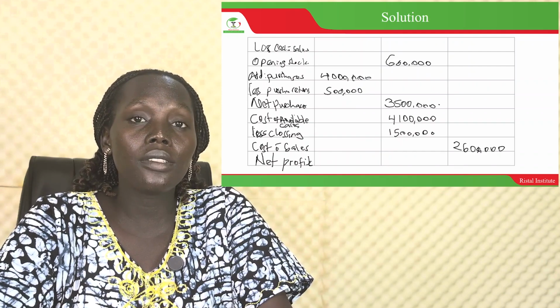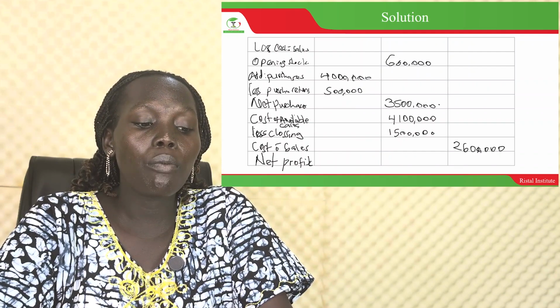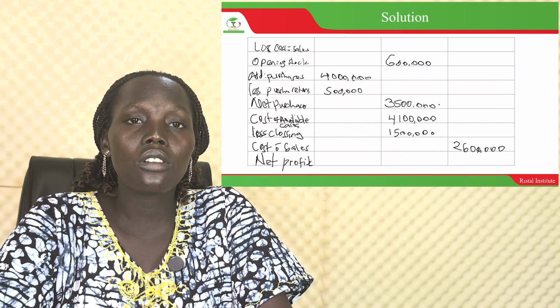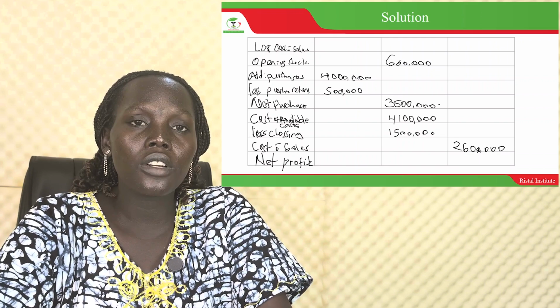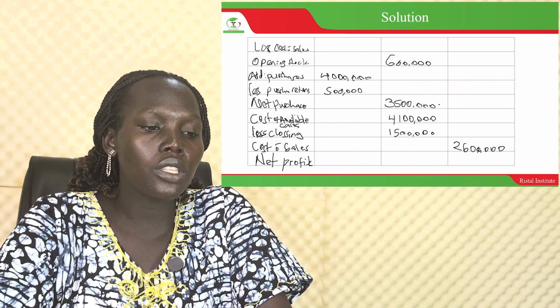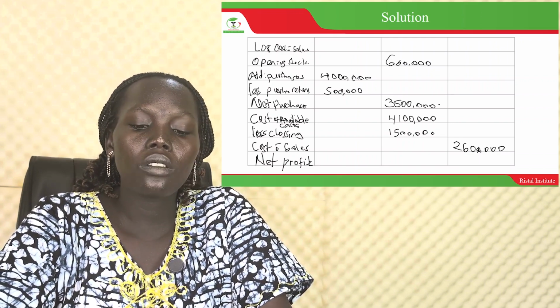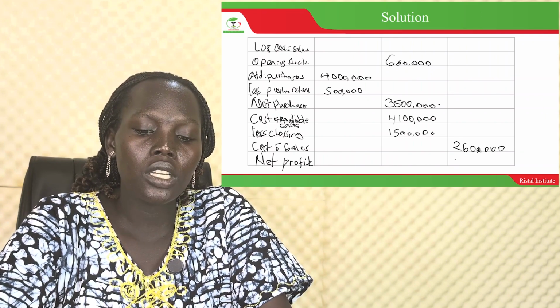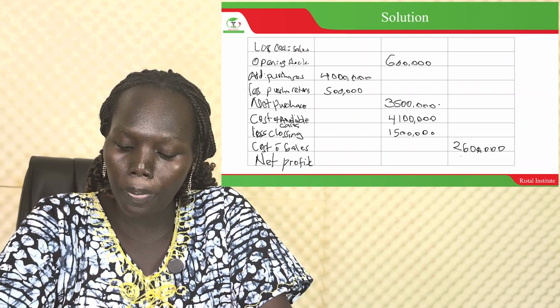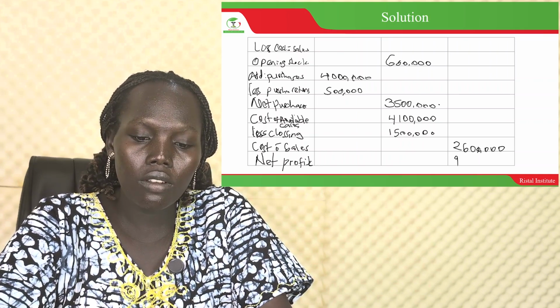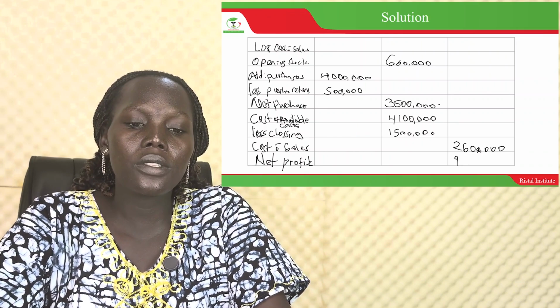We get sales minus cost of sales, of course, cost of goods sold. So we get our gross profit, which will be 9 million. How much was our sales?